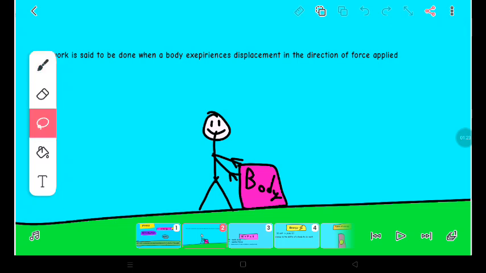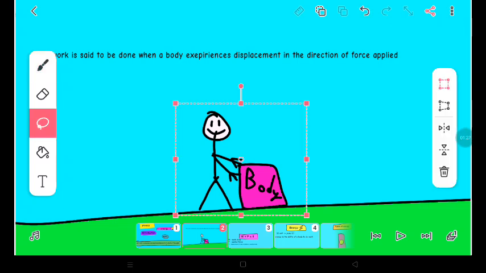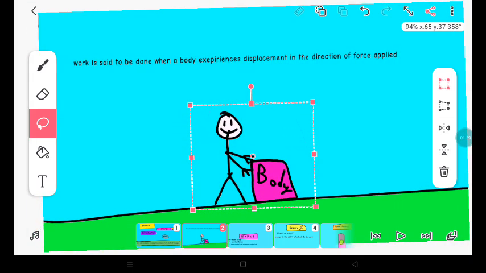Let us take an example of this stickman figure. Work in physics means like literally doing anything. Like when you're just standing there doing nothing, then also you're doing work according to physics.